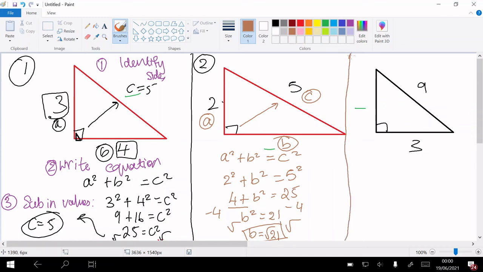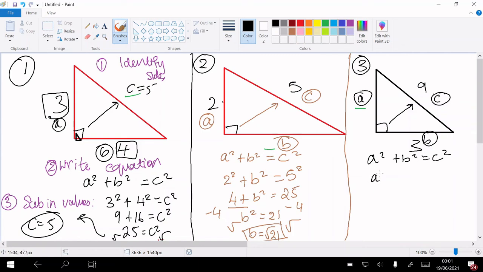And the final one, question number 3, is very similar to question number 2. But let's start from the very beginning, following each step. Step 1, identify the sides. The side opposite to the right angle is C. The other two are A and B. Step 2, write the equation, which is A squared plus B squared is equal to C squared. Step 3, sub in the values.